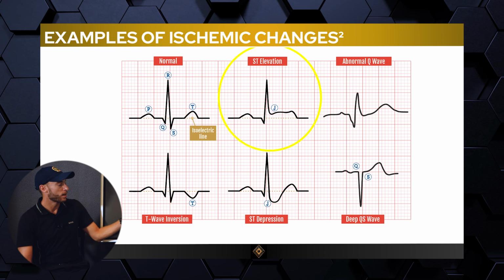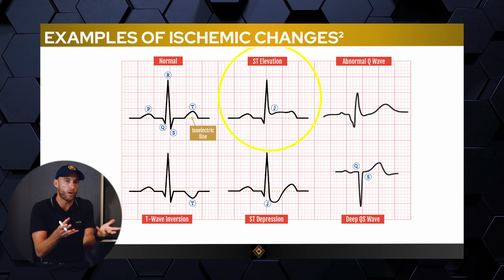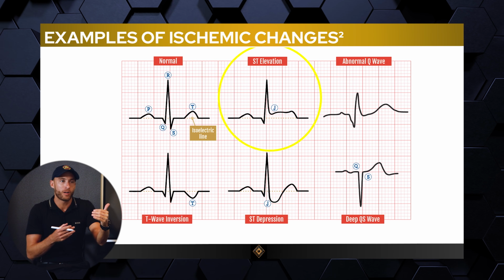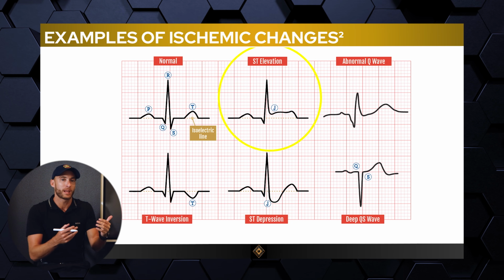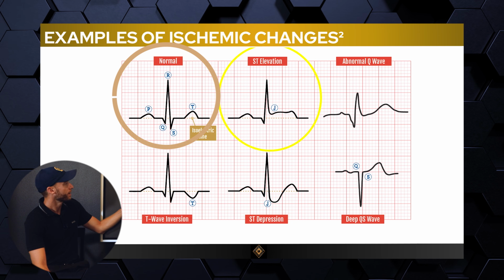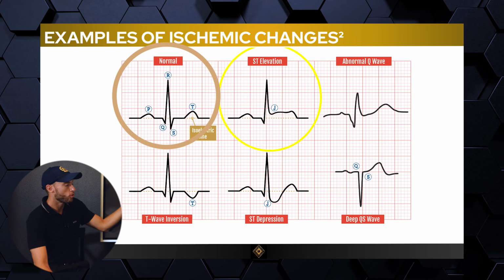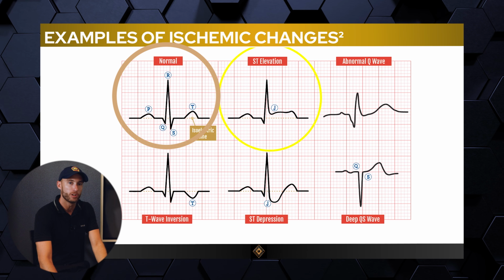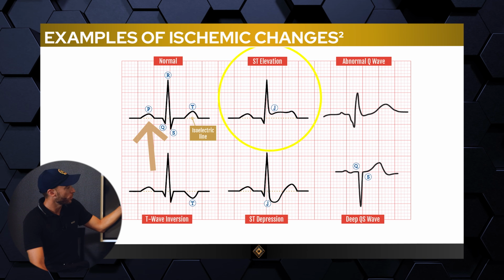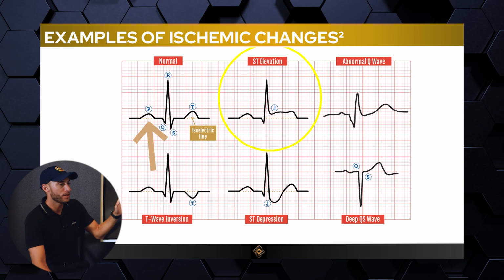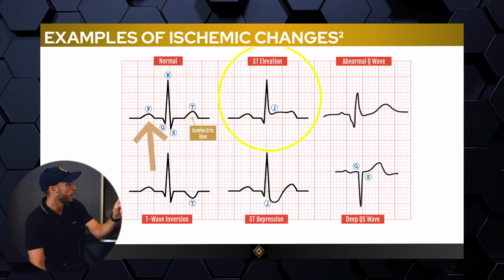Essentially, we're going to learn what the waves are, how different waves can look, and what they might mean. But look here. Here's our normal EKG. The P wave is the first positive deflection, meaning the wave points up on EKG.